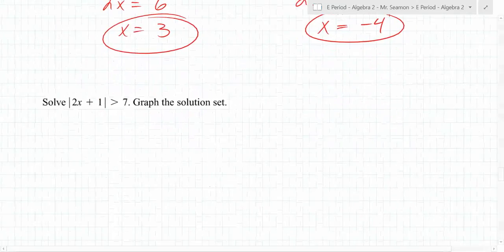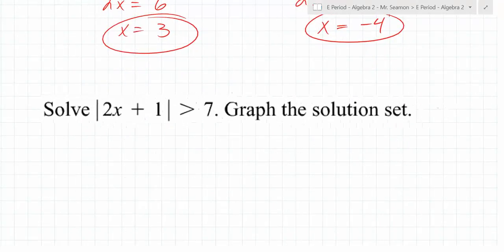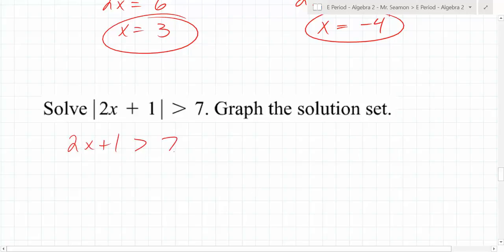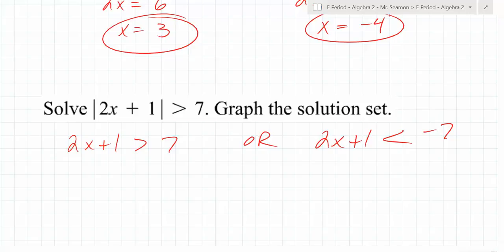Immediately. What about this? If we wanted to graph this solution set, what does that mean? That means that 2x plus 1 has to be greater than 7, or 2x plus 1 has to be less than what? -7, because you want to be greater than 7 away. And you can either do that by going farther to the left or farther to the right. If you're going to the right, that means greater than. If you're going to the left, it means less than.